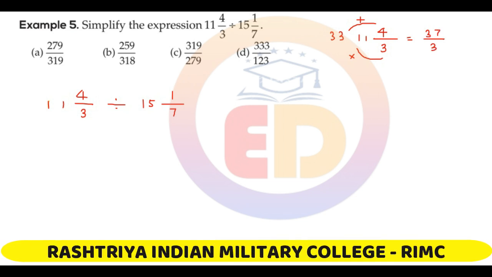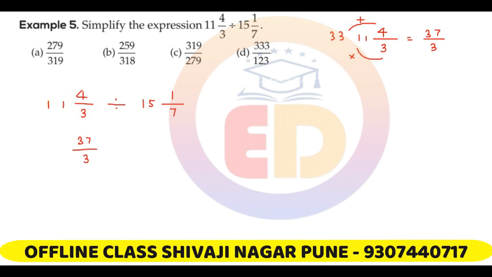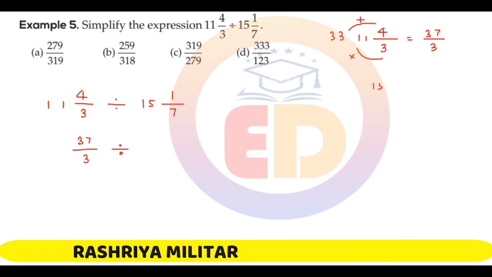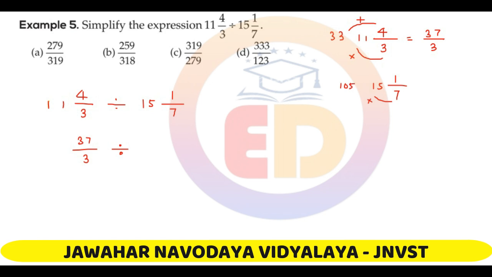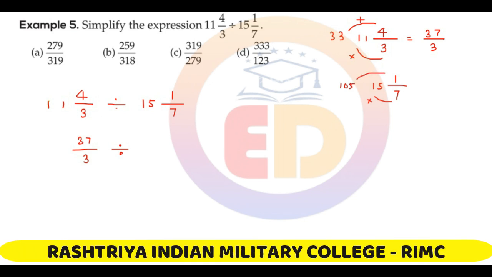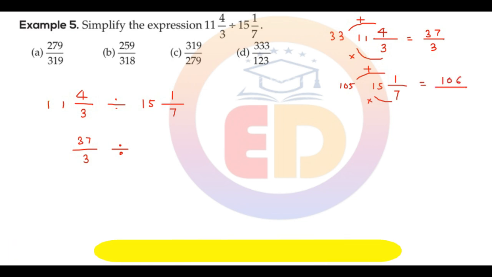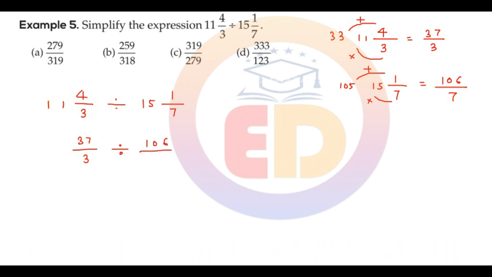So the first fraction will become 37 upon 3, divided by 15 whole 1 by 7, which will become 7 into 15 is 105, plus 1 is 106 upon 7. So it will become 106 upon 7.